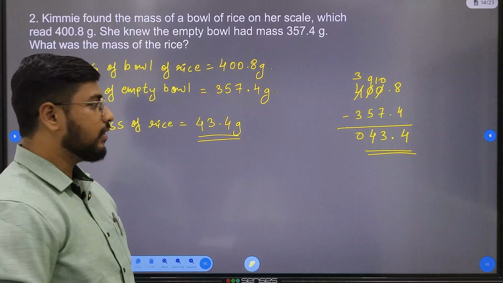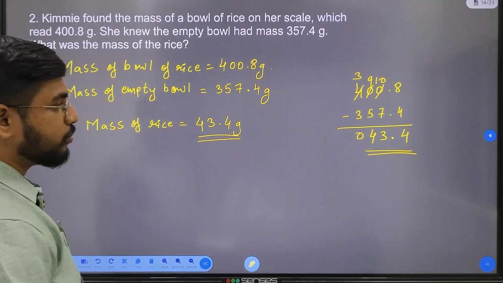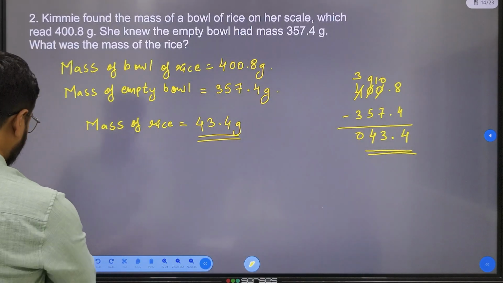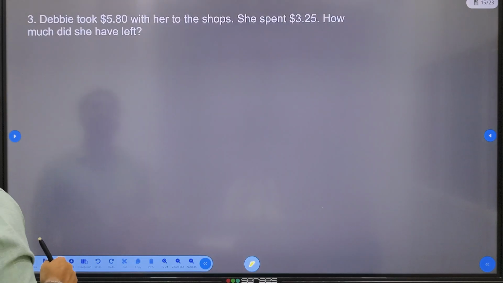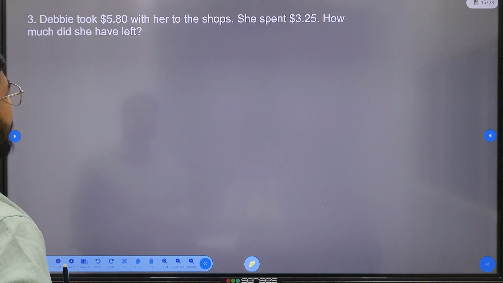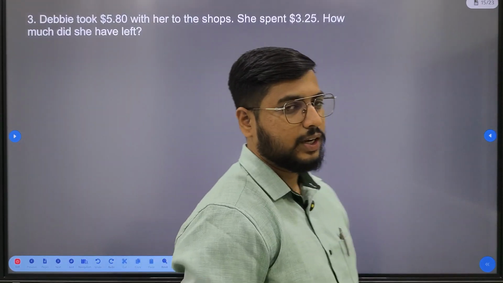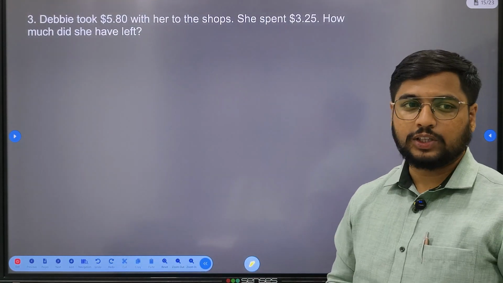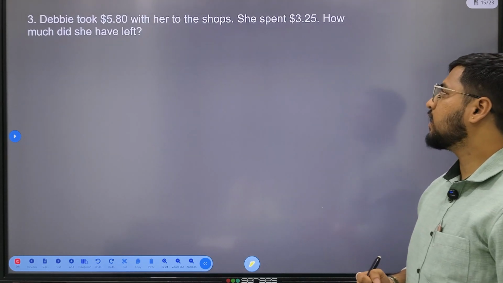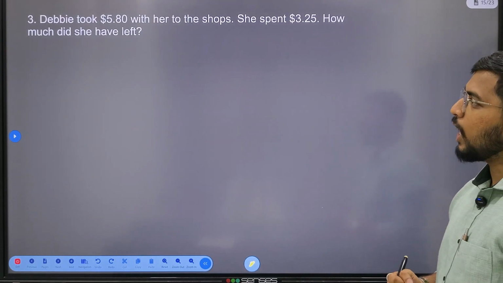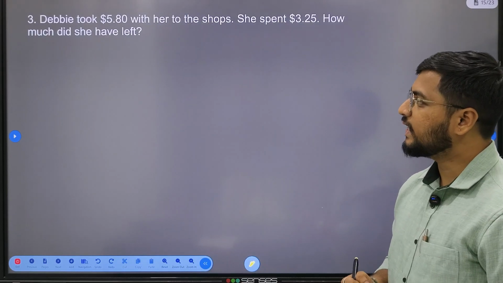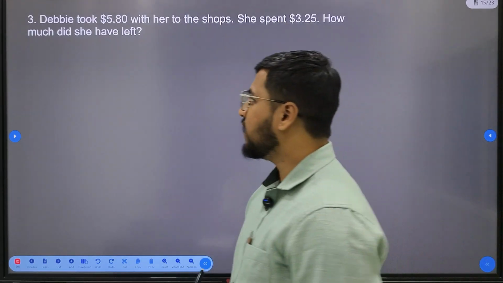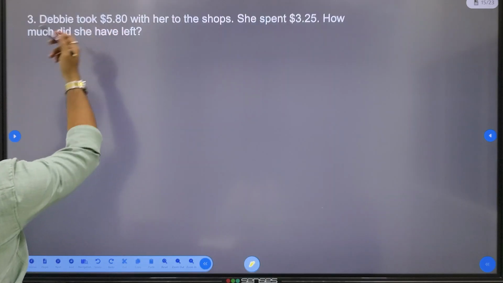Hope you have learned till here. Let's move on to the next question. Debbie took $5.80 with her to the shops. She spent $3.25. How much did she have left? So initially she had $5.80.